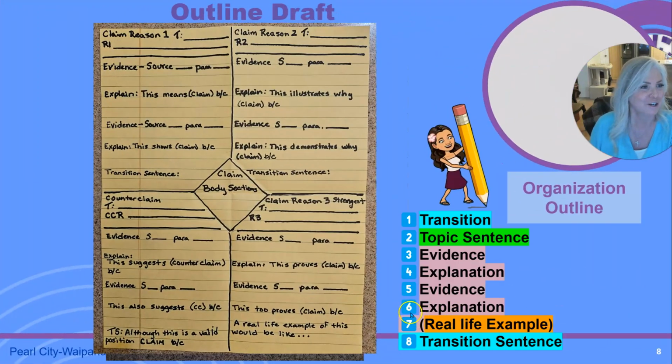So in our outline draft that we have here, what we're going to do is fold your paper, and then here, notice what we have. We have our claim. You have a transition to reason 1. You always have your evidence. What source did you get it from? What paragraph was it in? Then you put it right in here. Then you explain your source.